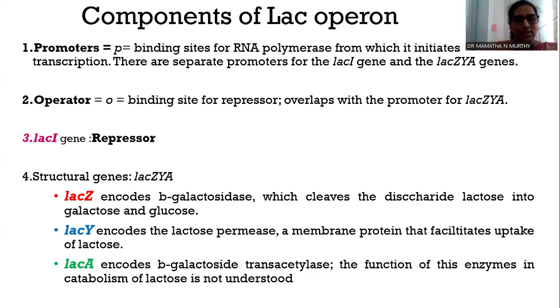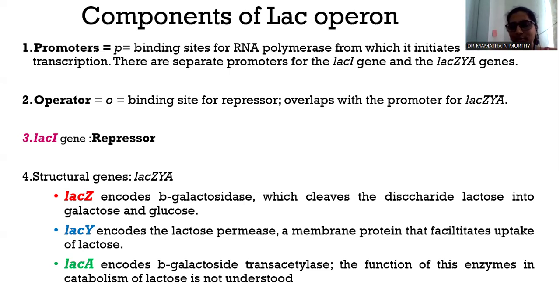The structural genes: lacZ codes for beta-galactosidase, which helps in the cleavage of the disaccharide lactose into monosaccharides like glucose and galactose. The lacY gene codes for lactose permease.